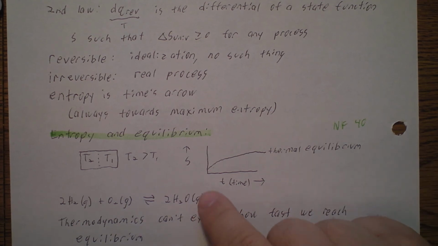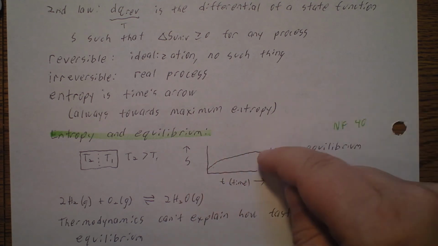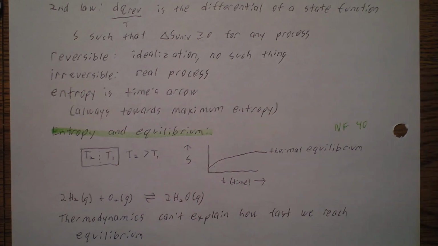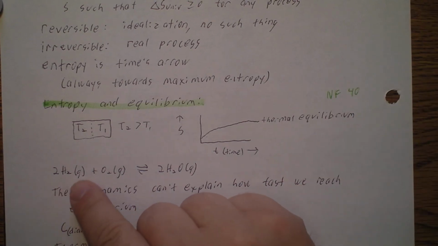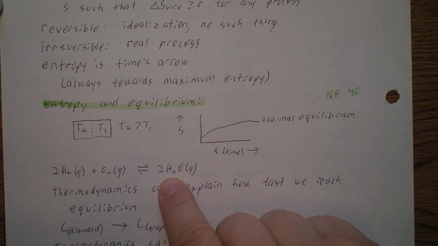What's going to happen then, over time, the entropy is going to increase, but it's going to level out. When it gets completely flat, you're at thermal equilibrium, which means the two temperatures will be the same. For example, let's say you have hydrogen gas and oxygen gas in equilibrium with water gas. So I guess you'd call it water vapor, actually.